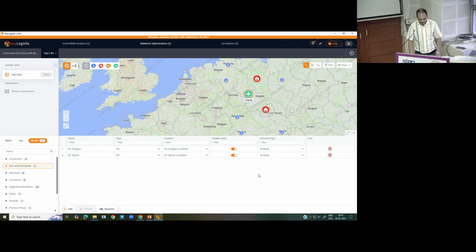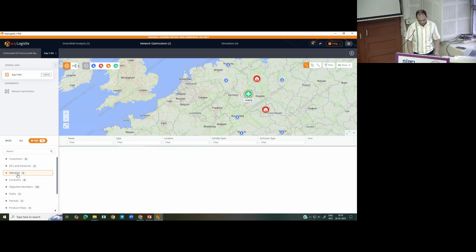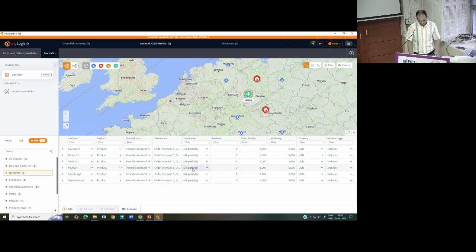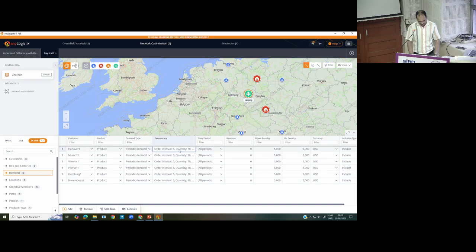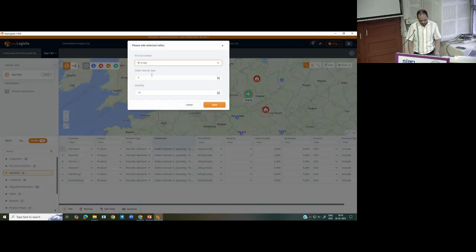So DC Prague and Berlin, what is the capacity? 100. Demand pattern is periodic, daily demand, and quantity is the same. First day, sorry, this is daily, 50.